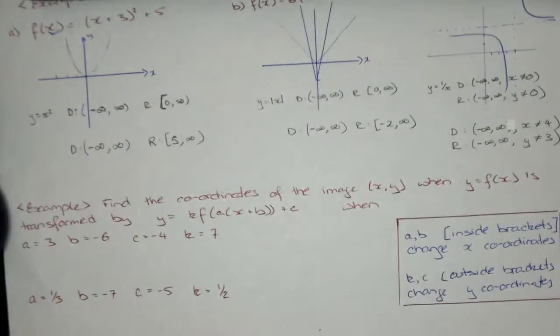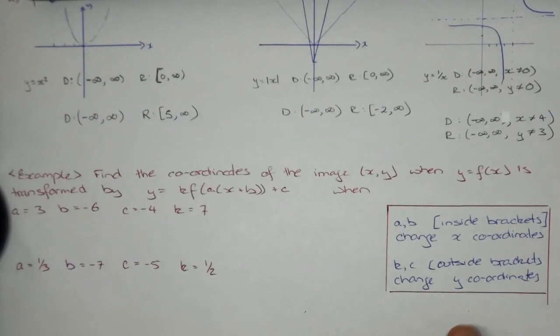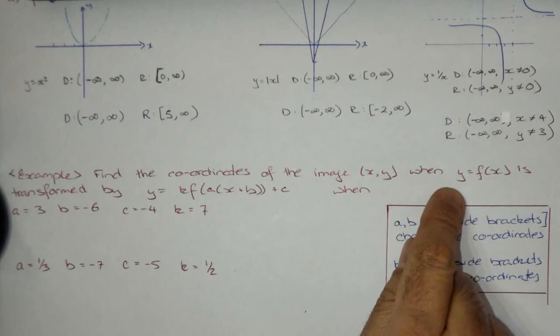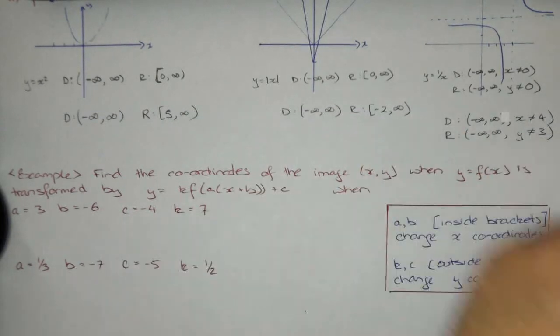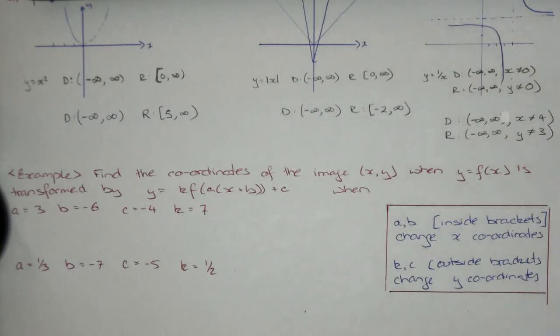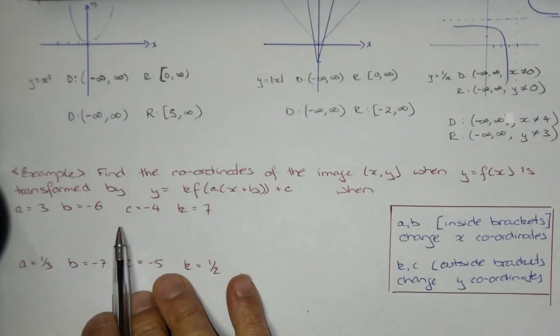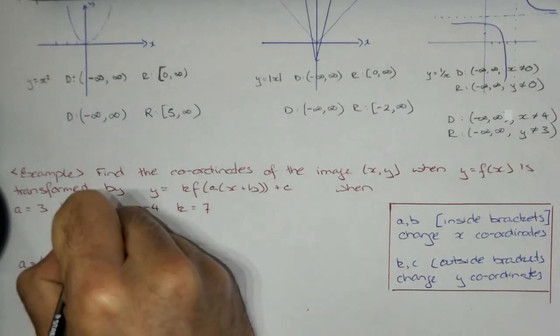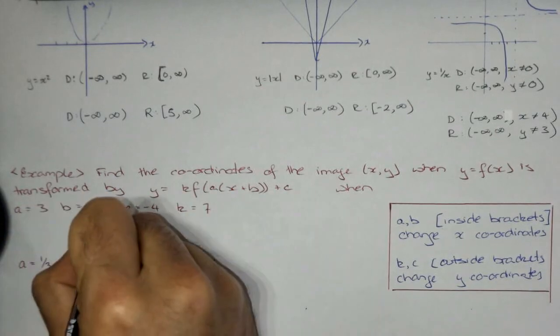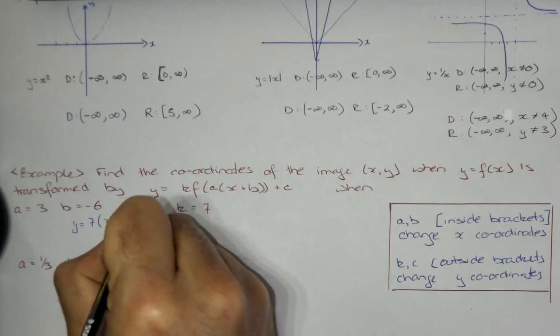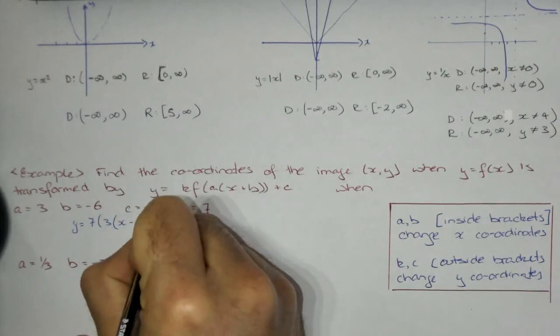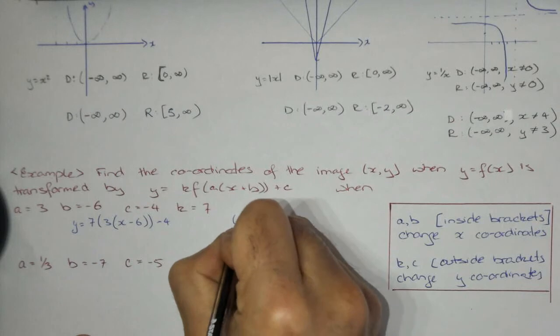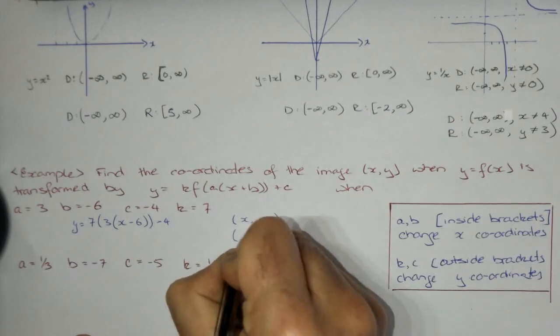So we're now going to find the coordinates of the image. We've got a point (x, y) that is somewhere on the function, and we're going to transform the function. Here we have k is 7, a is 3, y = 7f(3(x − 6)) − 4. If I start with x and y, I'm going to move them.